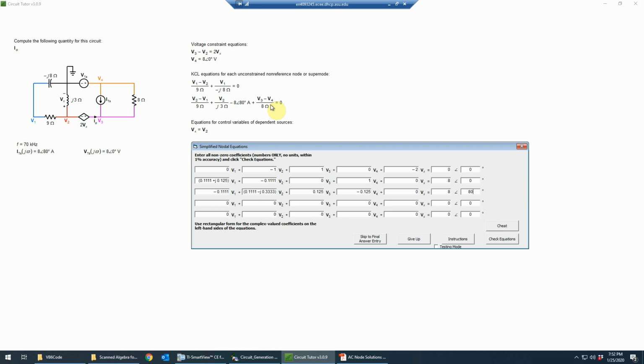Okay, and I made a mistake here. I started writing in the wrong row, so I'm going to have to copy all those things down. I apologize for the confusion, but that should have been the fourth equation, not the third one. And the third equation should have been 0. So that would be the 8, and then the minus 1/8 should have been in the fourth equation.